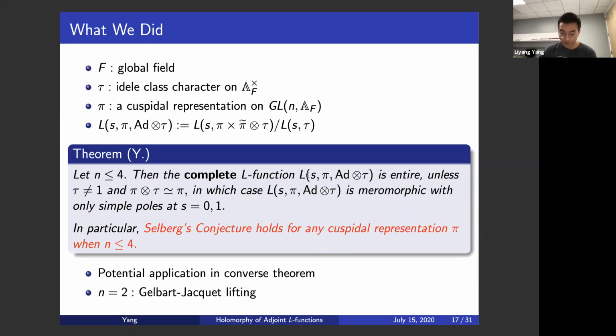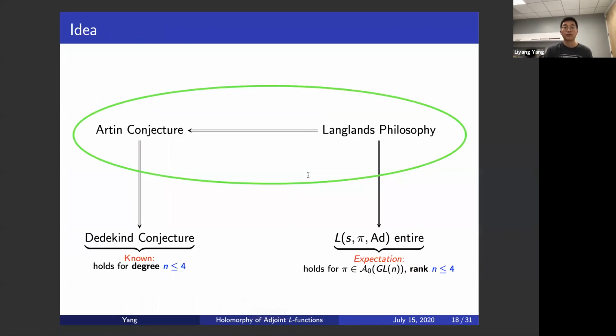And now we can talk about the proof, or at least the idea of the proof. Recall that we have this Langlands-implies-everything diagram on this corner. We know some cases of the Dedekind conjecture, especially for degree less than or equal to 4. And recall that we expect the degree to correspond to the rank on the analytic side.